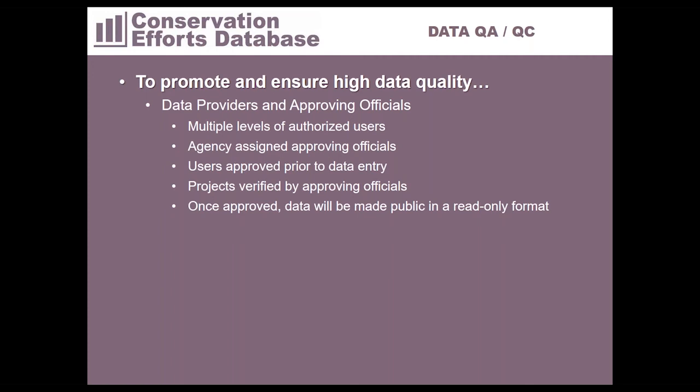Again, agency or organization identifies who their approving official is. You can have more than one approving official per agency. And again, that approving official or those officials are responsible for making sure the data is accurate. Once approved, the data goes into the database. If it has a spatial component to it, it'll be displayed on our interactive map, and it becomes part of the record in a read-only format.